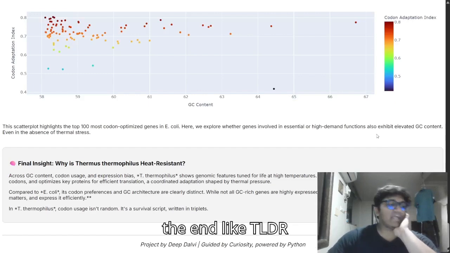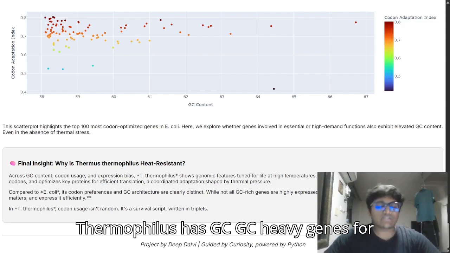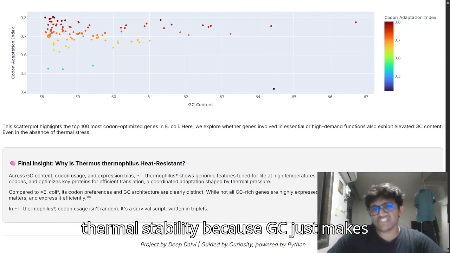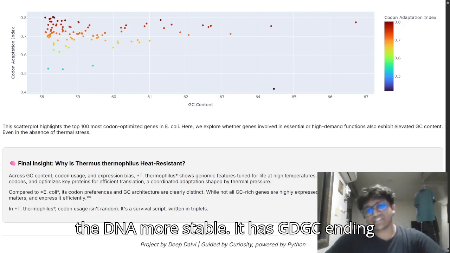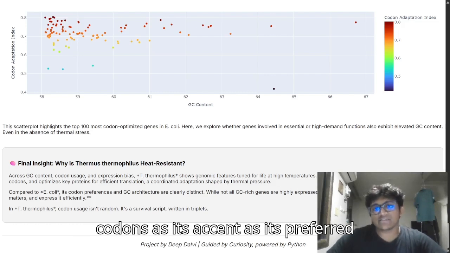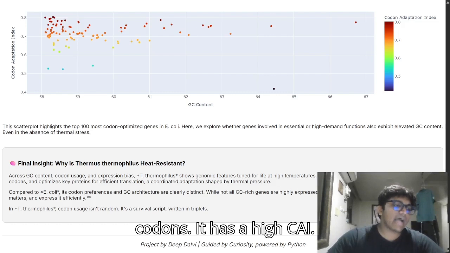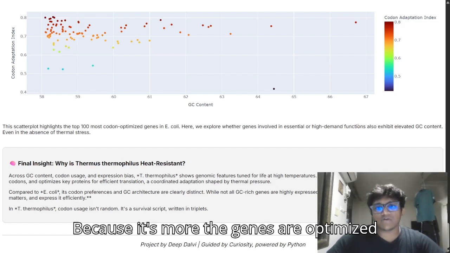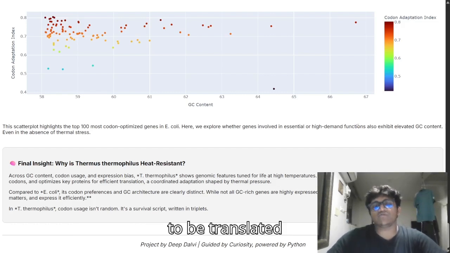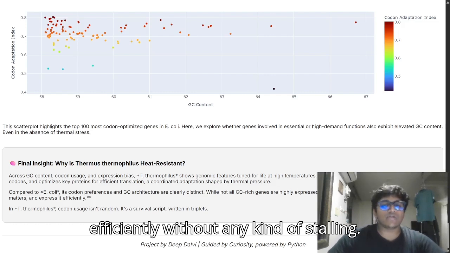So now at the end, TLDR: Thermus thermophilus has GC heavy genes for thermal stability, because GC just makes the DNA more stable. It has GC ending codons as its preferred codons. It has a high CAI because the genes are optimized to be translated efficiently without any kind of stalling.